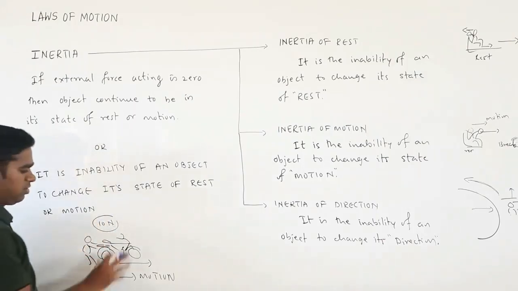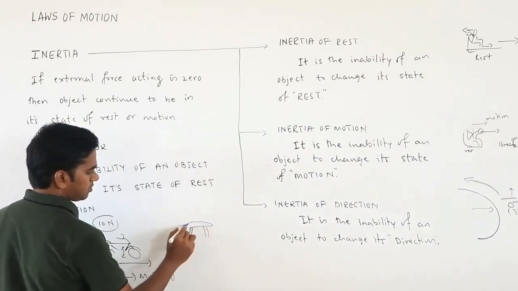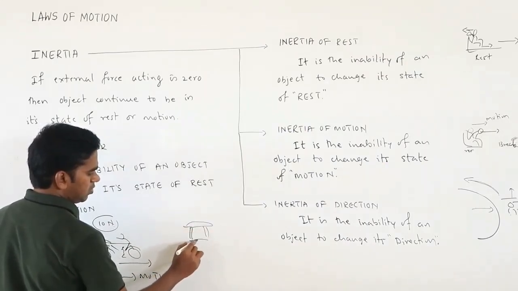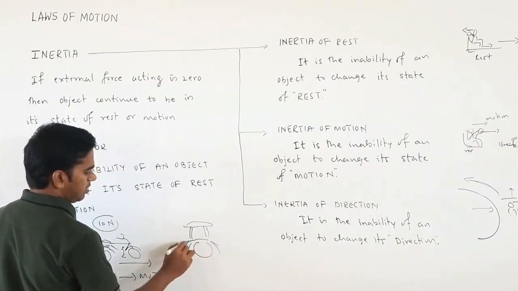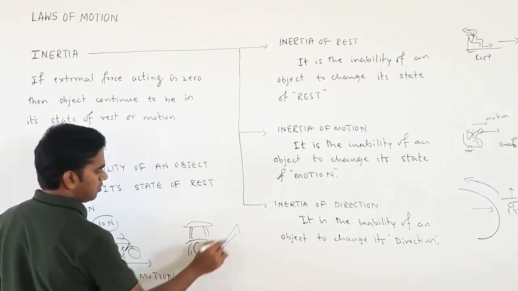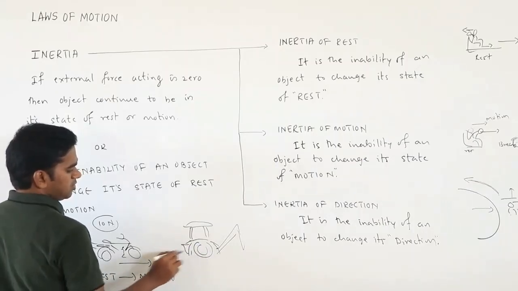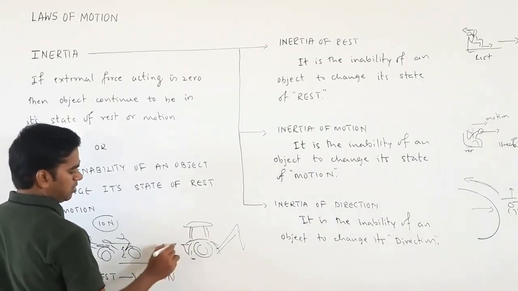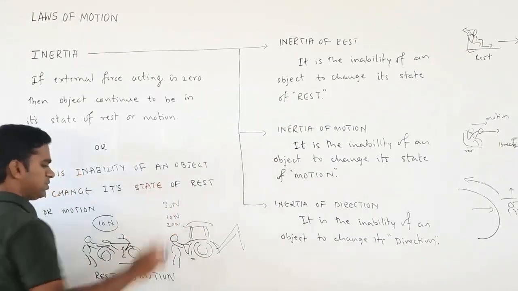Instead of this, suppose there is a road roller or something, a big vehicle, say a bulldozer. If somebody asks you to move this, you will apply some 10 Newton, 20 Newton, or say 30 Newton of force.